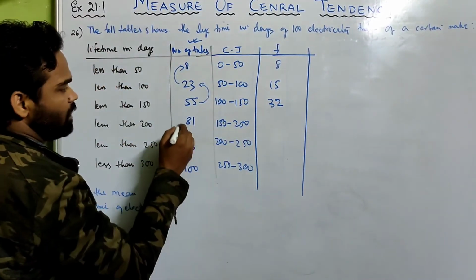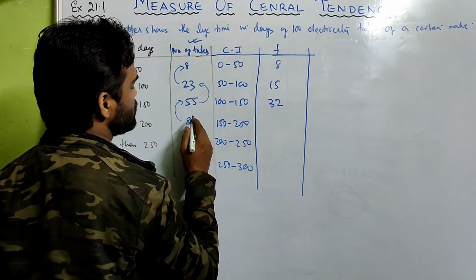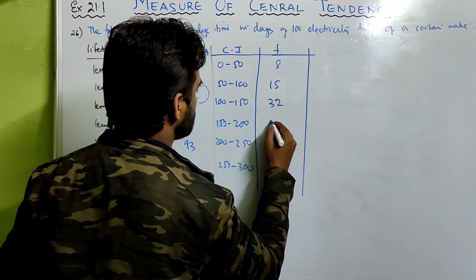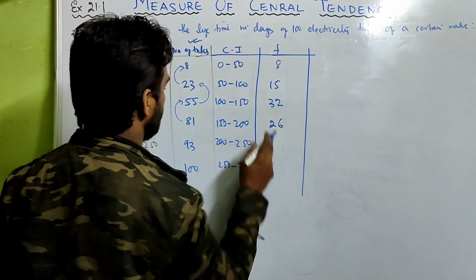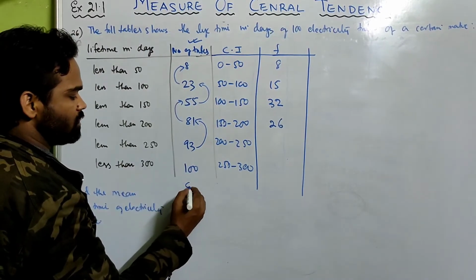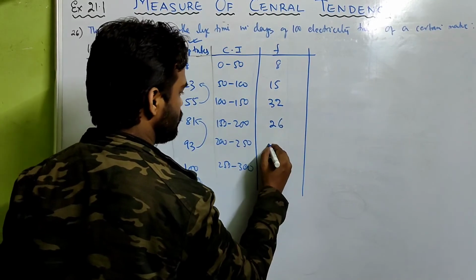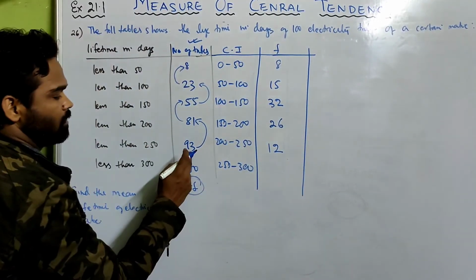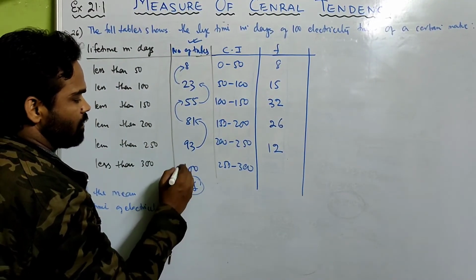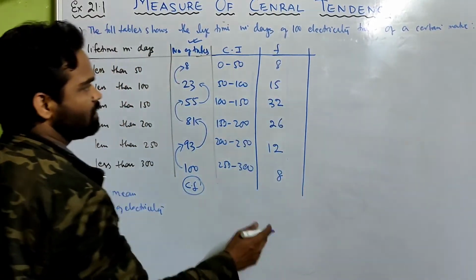Then again, 81 minus 55. Then 93 minus 81, this is cumulative frequency, you know. 93 minus 81, that's 12. And then 100 minus 93. When you add this, you should get 100.